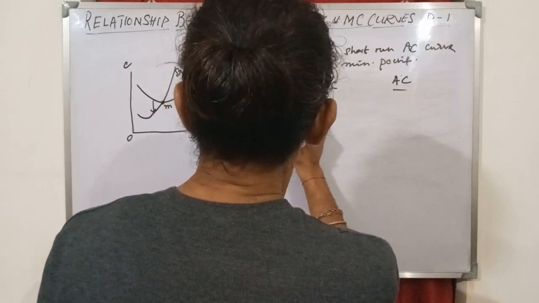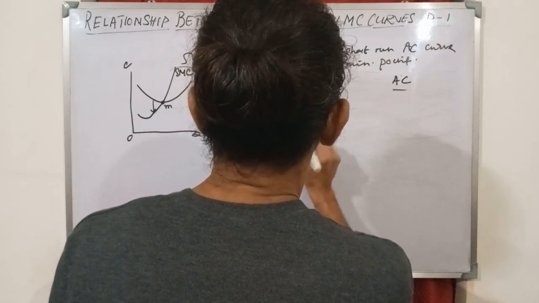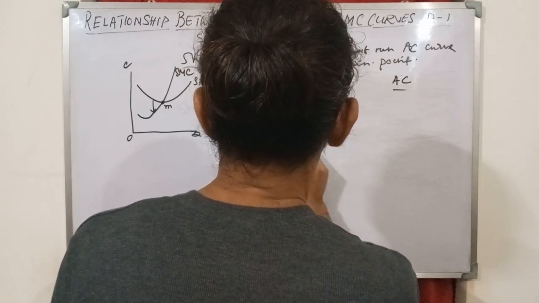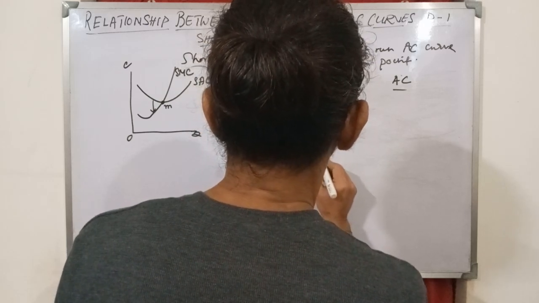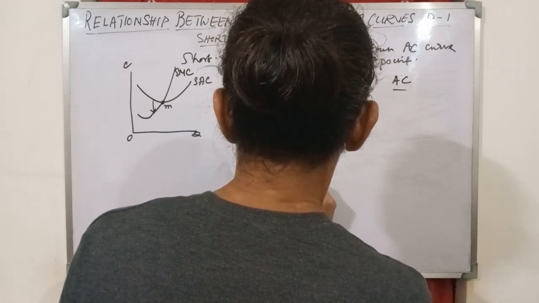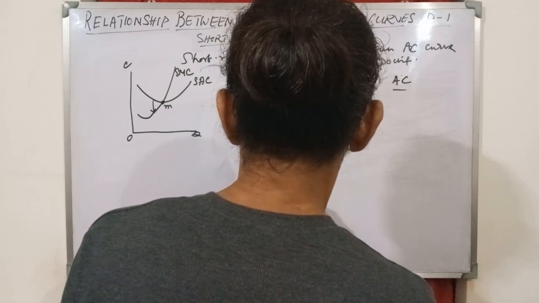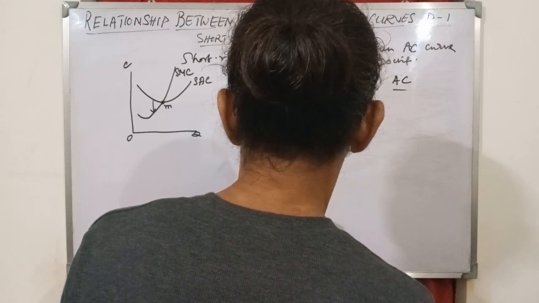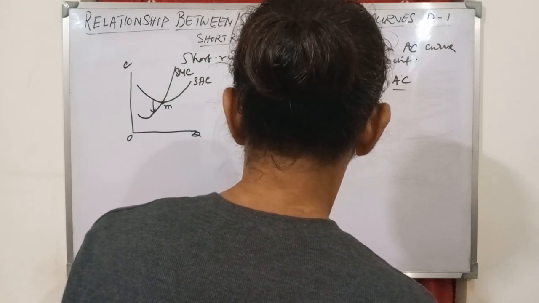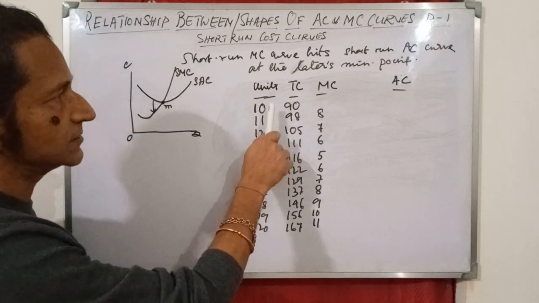Let the total cost of producing 10 units be 90. For 10 units, total cost is 90.